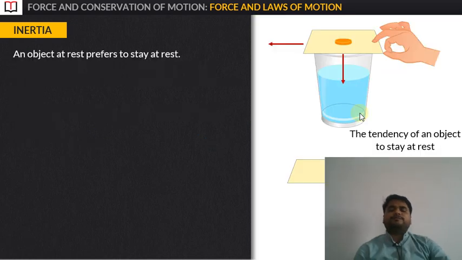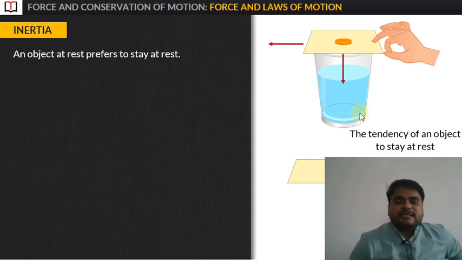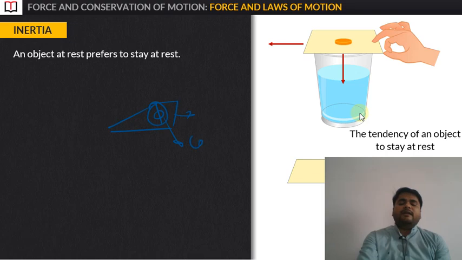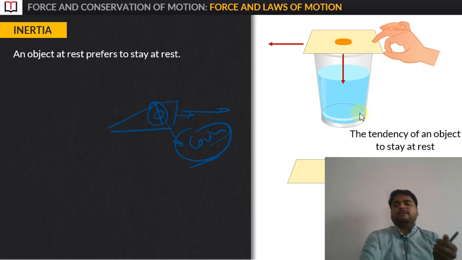Now here in this practical we can see that a coin is on the cardboard. When we suddenly pull this cardboard, then what will happen, the coin was initially at rest. When we just pull this card, then what will happen, the coin tends to be in a stationary state.